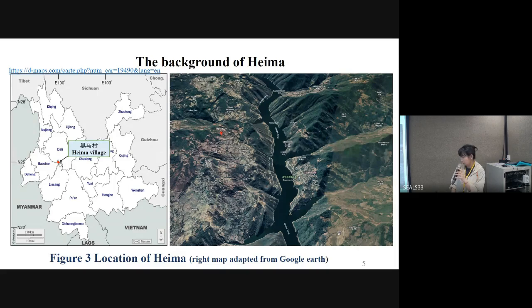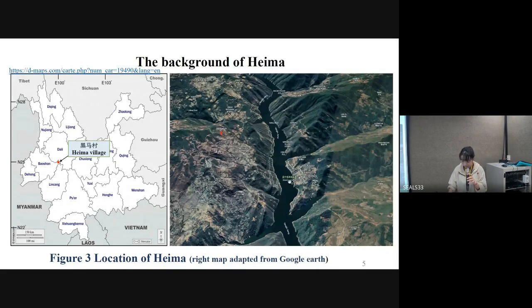And here is my Heima village's place. Sorry, I need to see my notes. Heima is an administrative village of Zhujieyi Township, Changning County, Baoshan City, Yunnan Province.